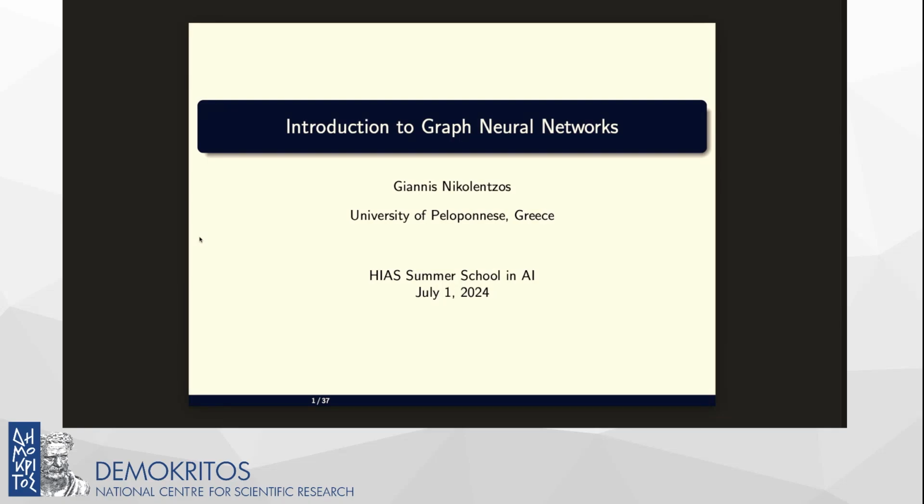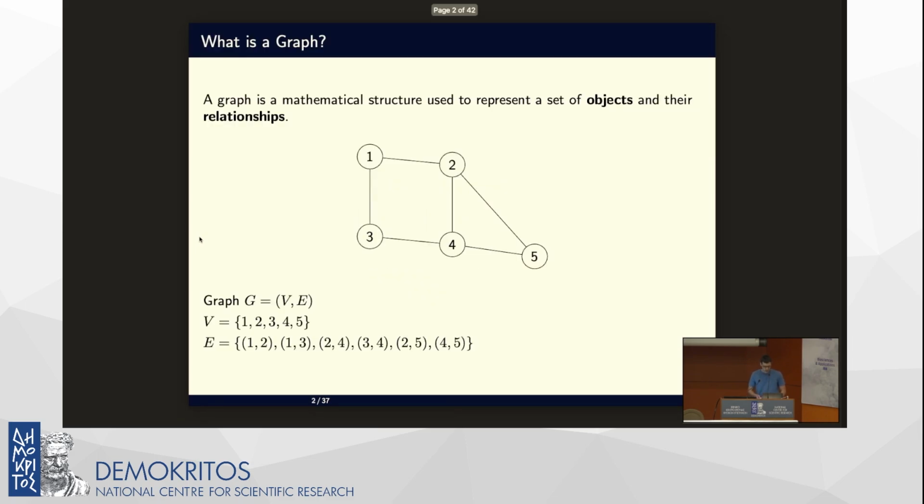So I will start off by giving you a few details about graphs. I'm pretty sure you produce and consume textual data, image data, other types of data on a daily basis, but perhaps some of you are not familiar with graphs. So a graph is just a mathematical structure that we use to represent data, and it consists of some nodes, and some nodes are connected to each other by edges.